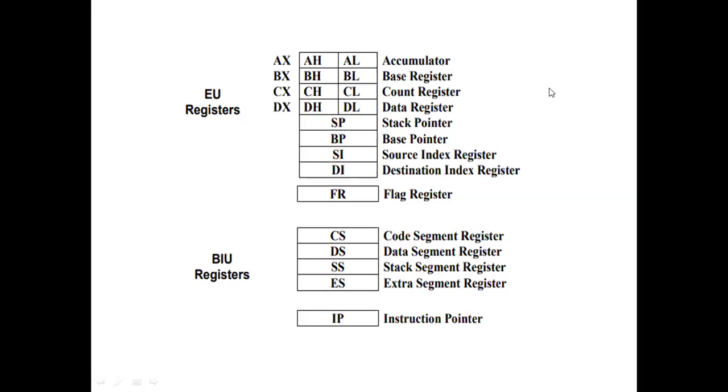First I go into the code segment register.